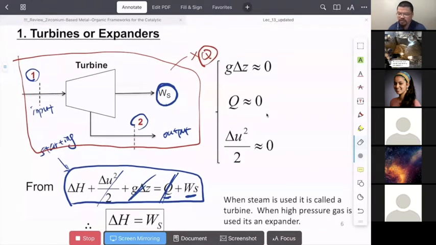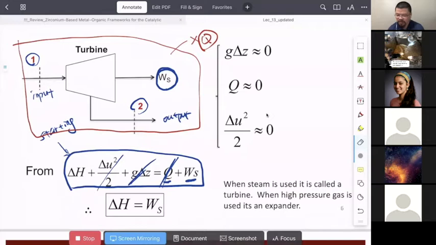And I have in the title, sometimes you notice that we have the name of turbine, sometimes we have the name of the expander. They are more or less the same. It's just a small difference between the working fluid. Typically in mechanical engineering or in the industry, we call this a turbine when we are using steam, water steam.